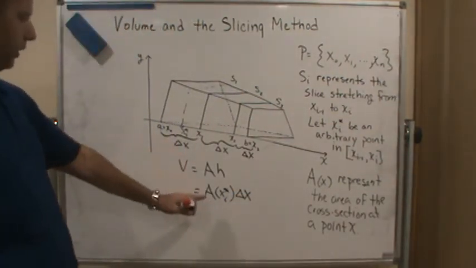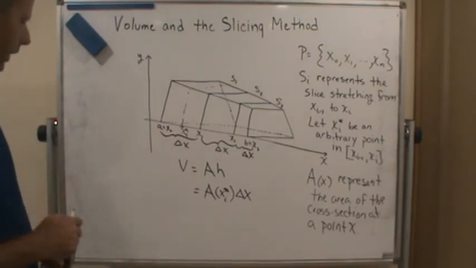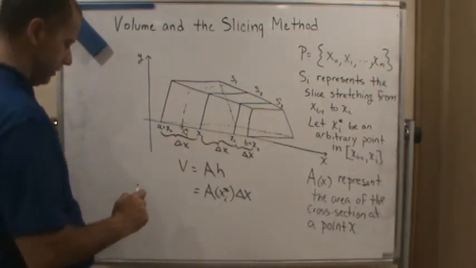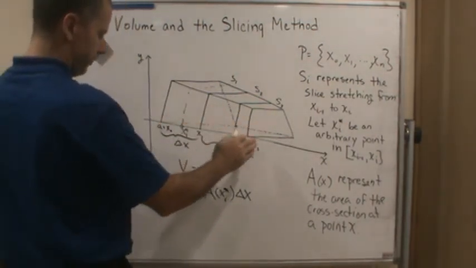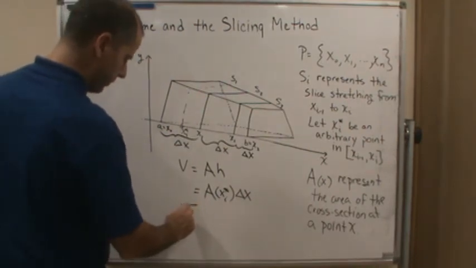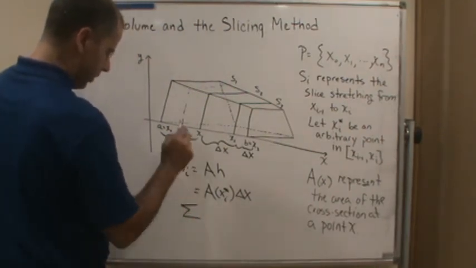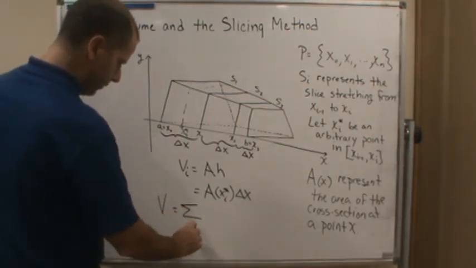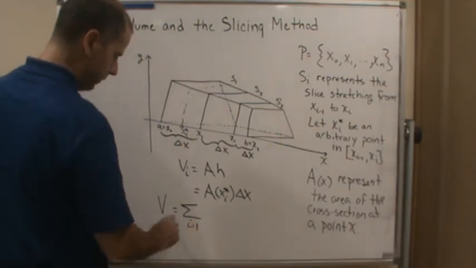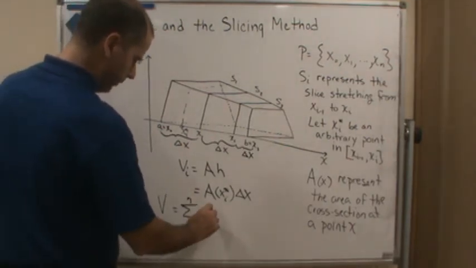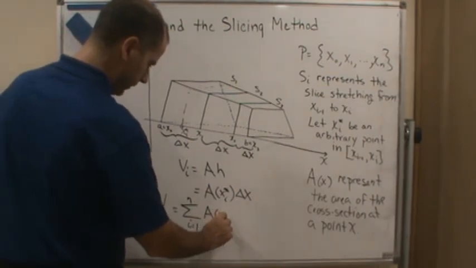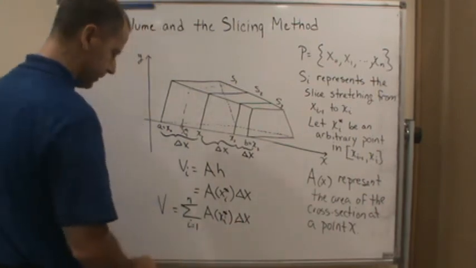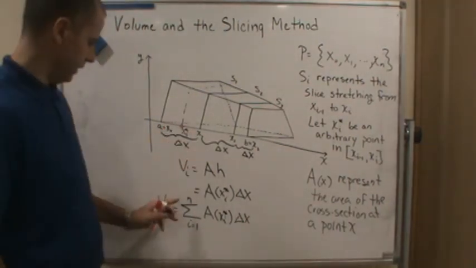That's what we're going to use for one slice. But we have many different slices, so we take the volume of each slice based on this formula and sum them up. Let's call that V sub i. So volume is equal to the sum from i equals 1 to n of A of x sub i star, times delta x. In this case it'd be 1 to 3.